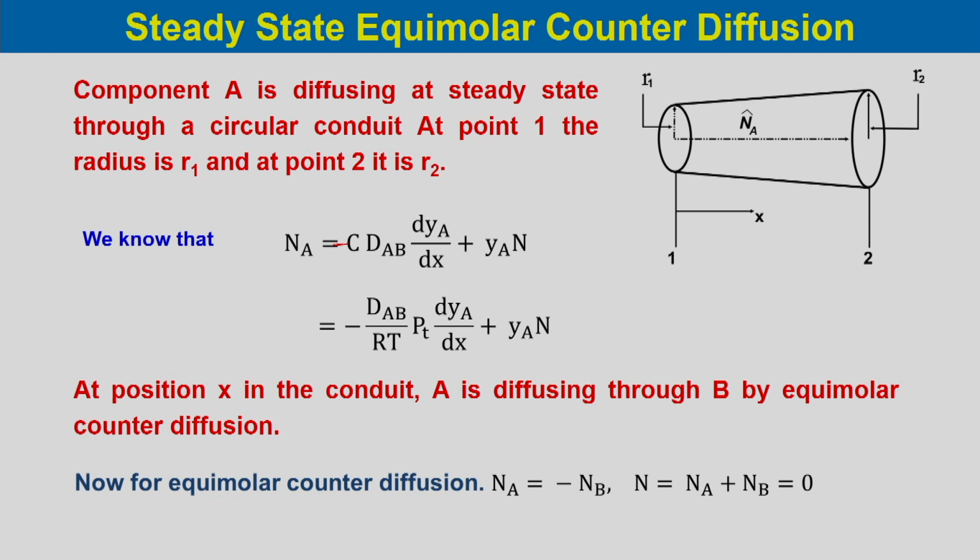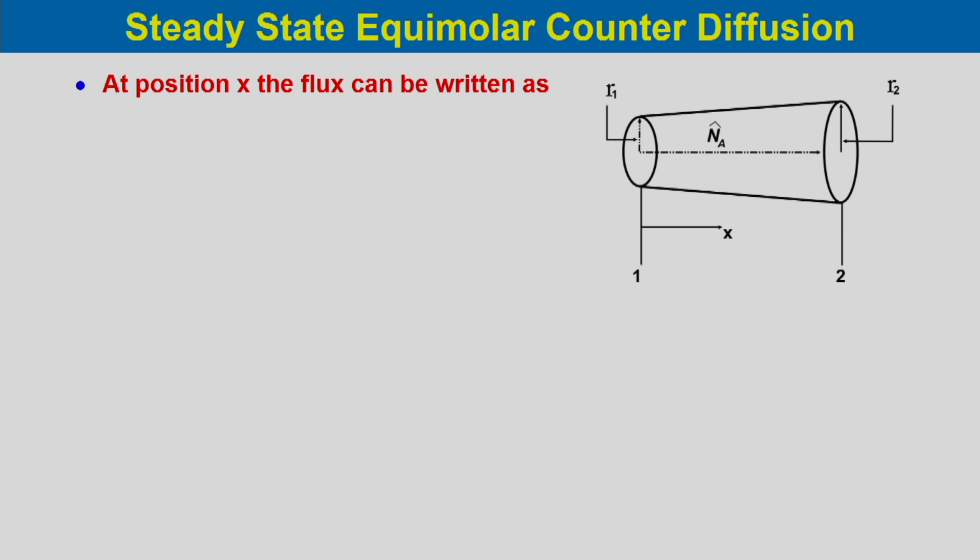For equimolar counter diffusion, NA would be equal to minus NB. So, the total molar flux N, equal to NA plus NB, would be 0. At position x, the flux can be written as NA equal to minus DAB by RT into PT into d(PA/PT) divided by dx, which is equal to minus DAB by RT into dPA/dx.